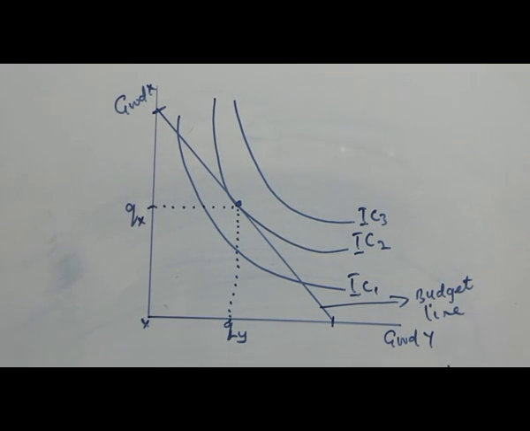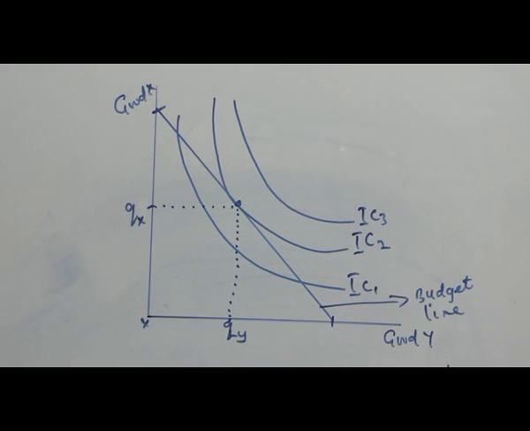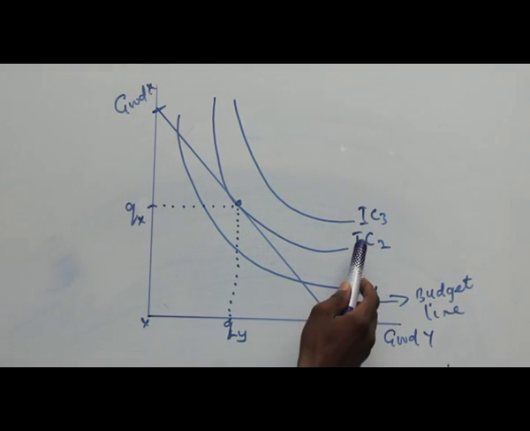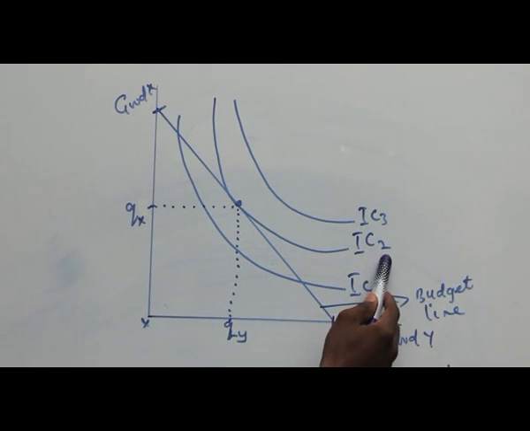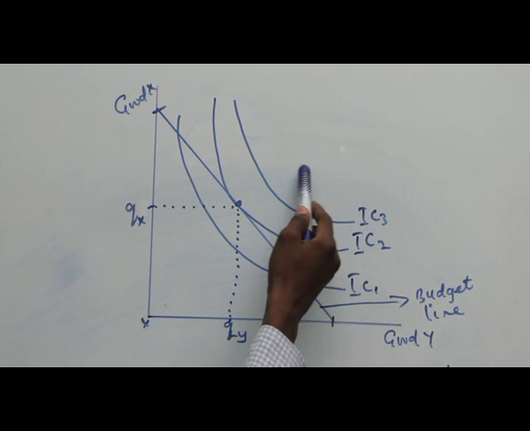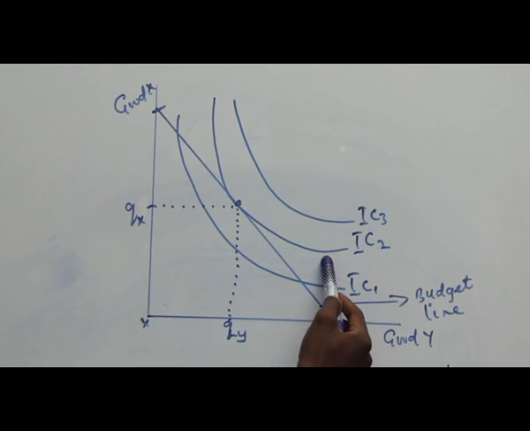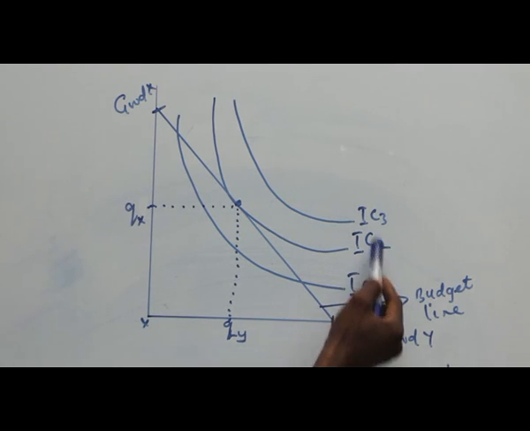Now let's look at it again. This is our budget line. We can see indifference curve 1 here. We can see indifference curve 3 here, right? But we have said that indifference curve 2 is a higher level of satisfaction than indifference curve 1, and indifference curve 3 is another higher level of satisfaction, higher than indifference curve 2.